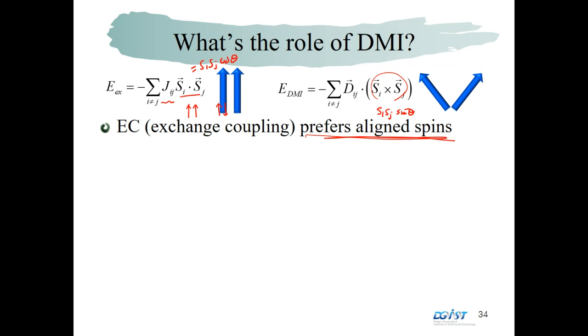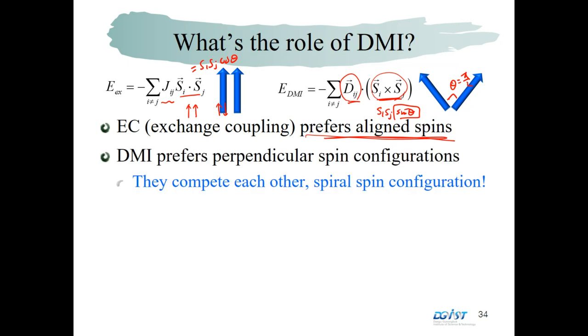So that means if we have a certain sign of the D value here and assume the direction of this D vector is parallel to this cross product, then this sine theta must be 1 or minus 1 to minimize the energy of this interaction. So theta should be pi over 2. So DMI prefers perpendicular spin configurations.